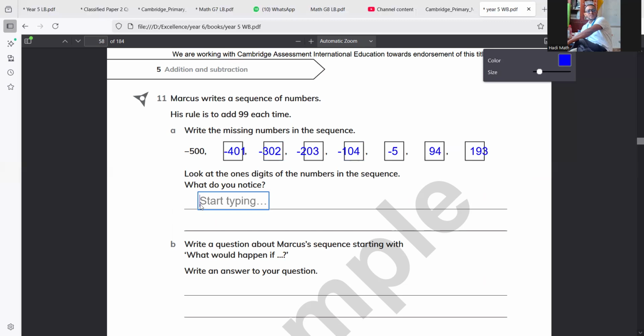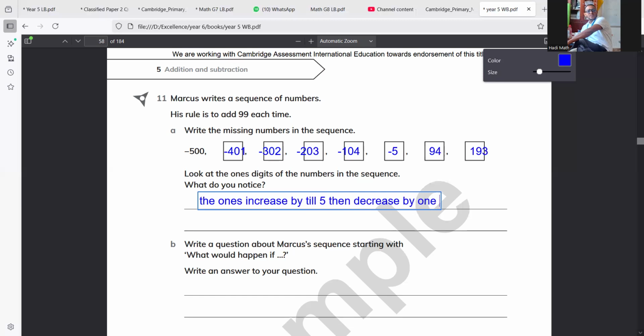We say the ones digit increases by 1 until 5, then decreases by 1.